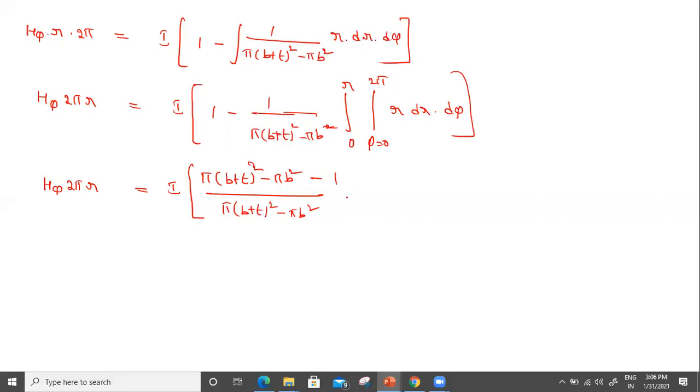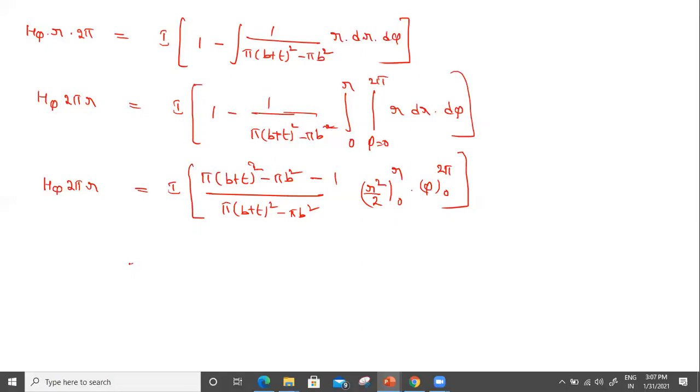So here if you apply the integration, the r integration is r square by 2, the limits are 0 to r. The d phi integration gives phi, written as 0 to 2 pi. So now we need to simplify this expression clearly.